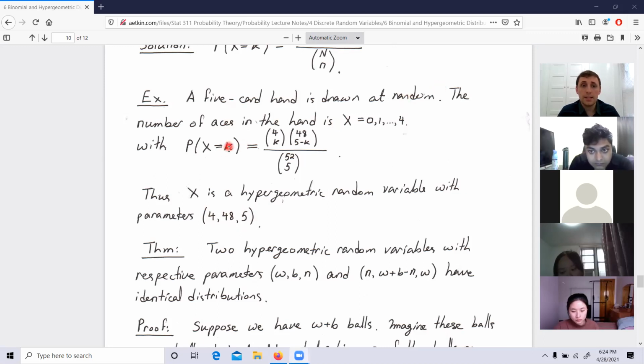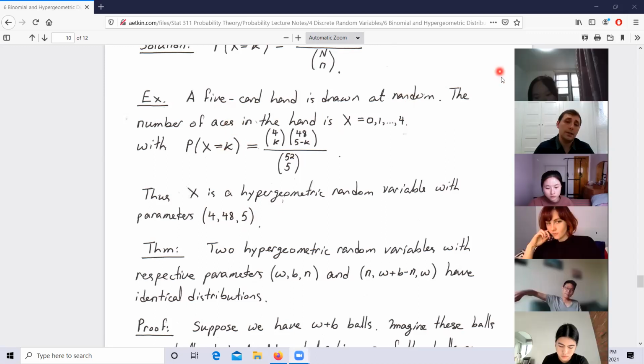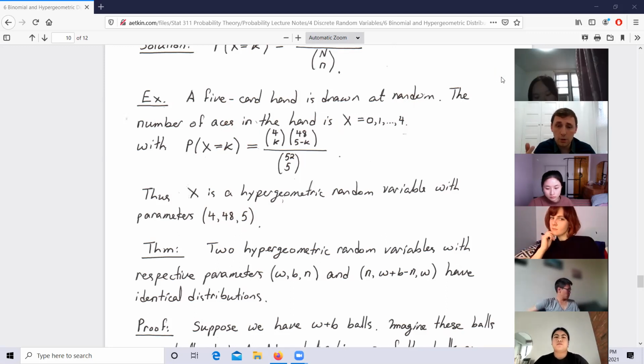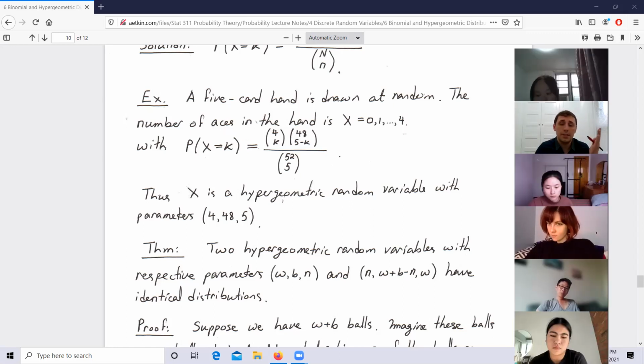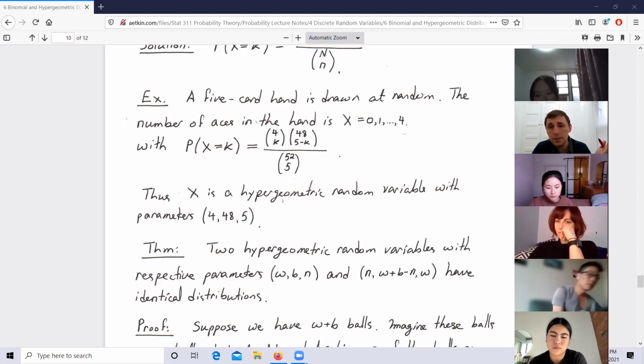K here represents, in this particular question, the number of objects that you wanted to withdraw. So the tagged objects, either the white balls in the previous example or the elk that were tagged, are the desired objects. K represents how many of the desired objects we have sampled. Here we have aces. How many aces have we sampled? K aces. So K could be equal to 0, 1, 2, 3, 4.